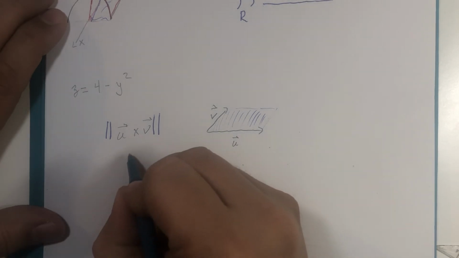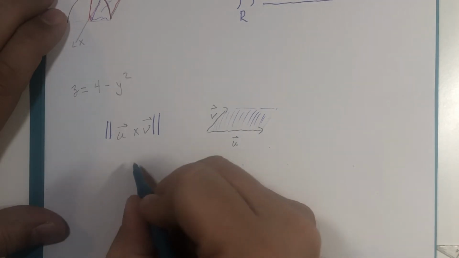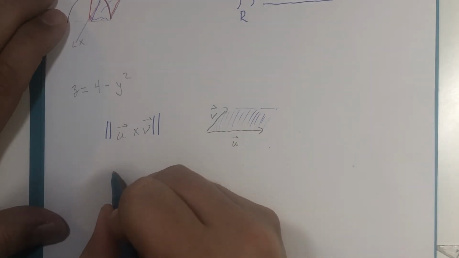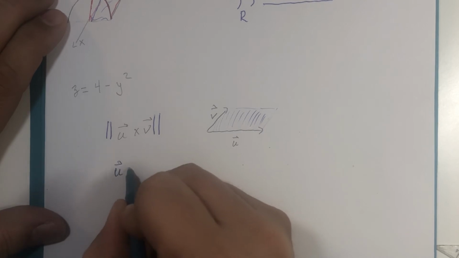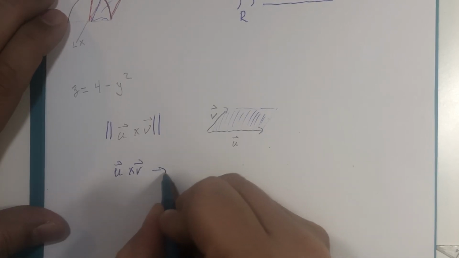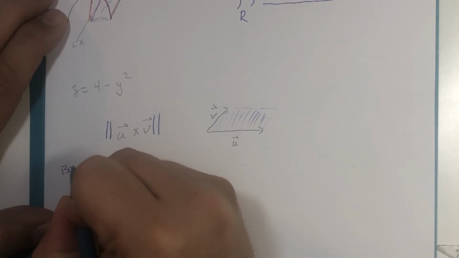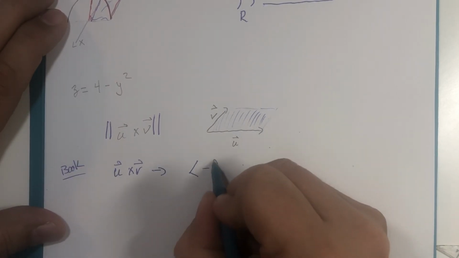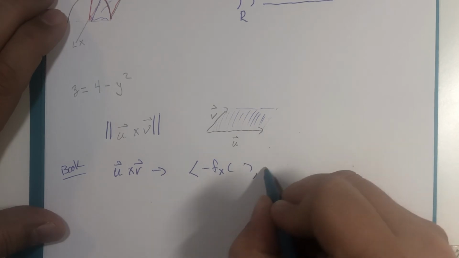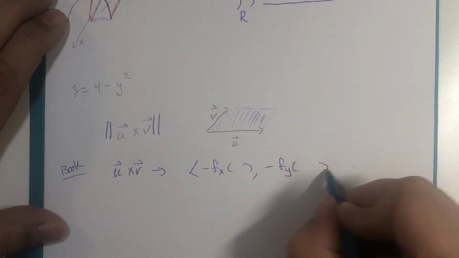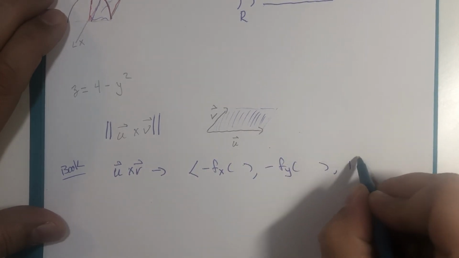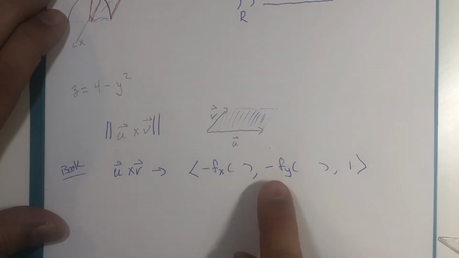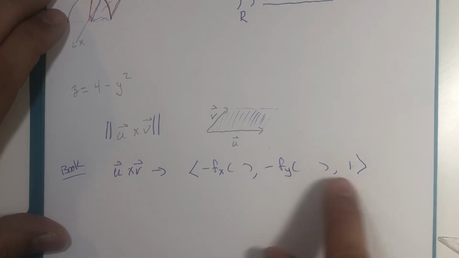Through the book, you find out that this U cross V vector experience becomes the vector: the negative of the x partial derivative and the negative of the y partial derivative, and 1.